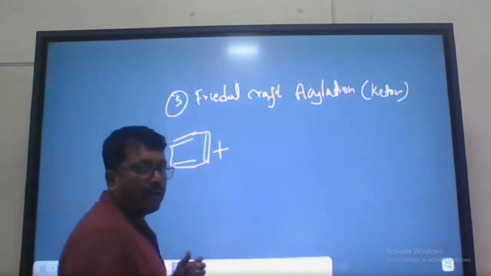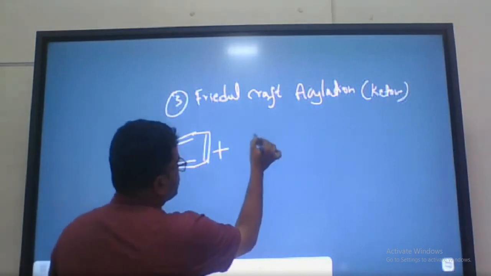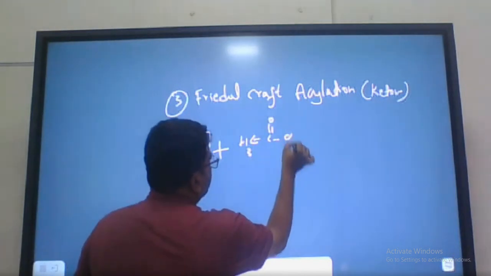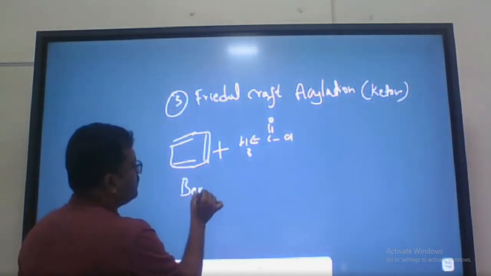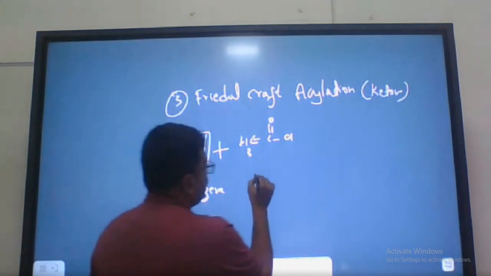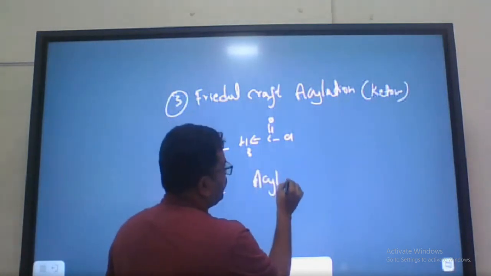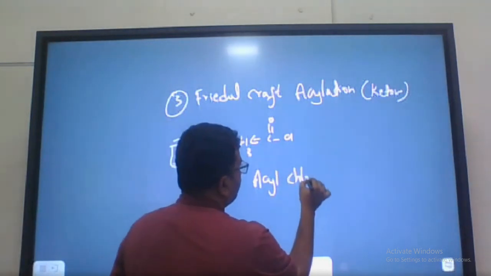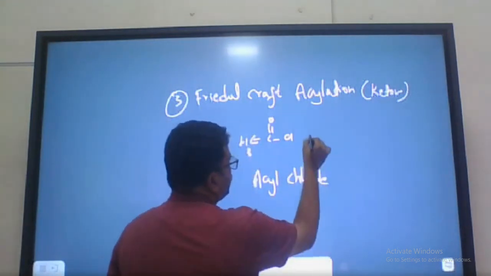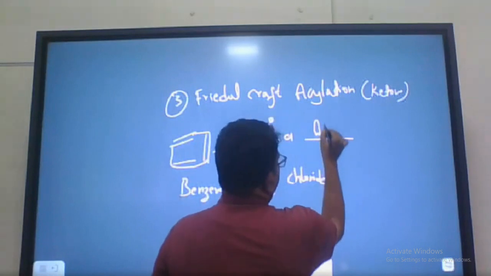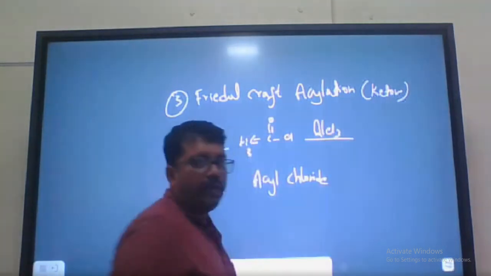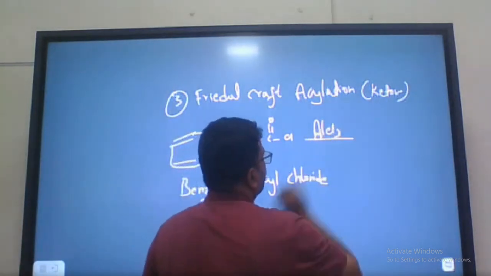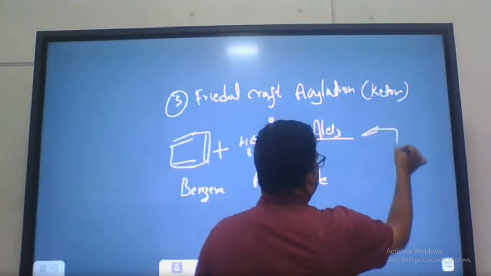Benzene in the presence of acyl chloride, with the reagent aluminum chloride, a Lewis acid, gives ketone.